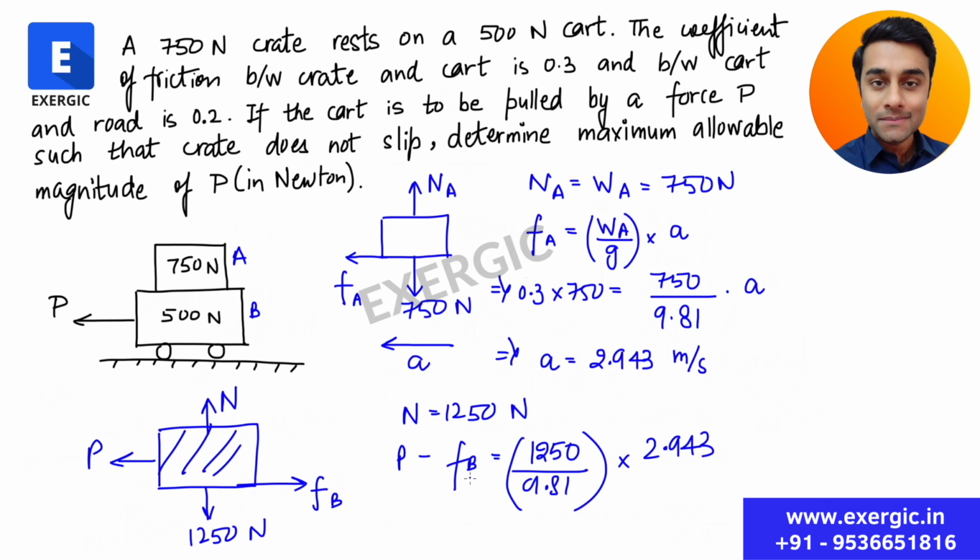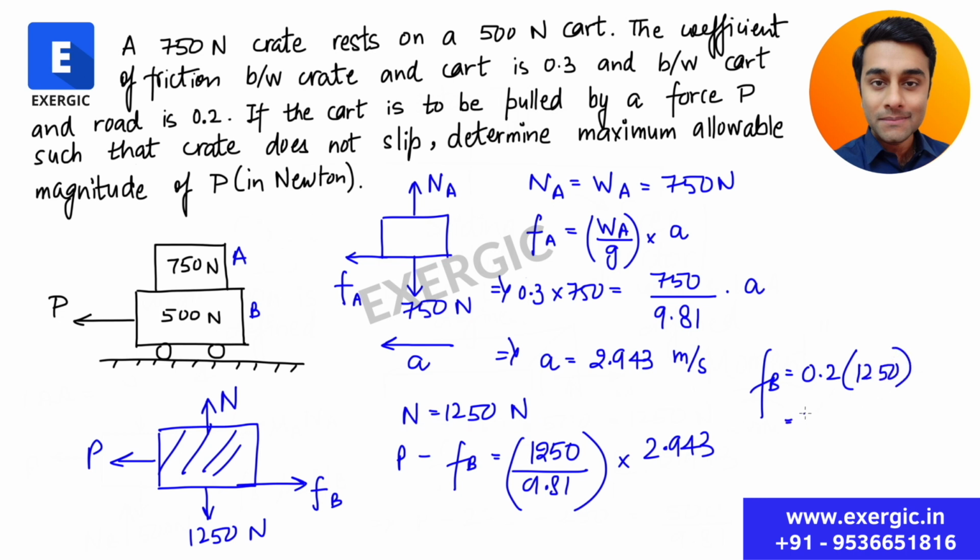And obviously we can find out the value of FB. FB is equal to the friction between the bottom surface of B and the floor. How much is the friction? It is the coefficient of friction mu, which is 0.2 here, multiplied by N, which is 1250, right? We calculated it, 1250.